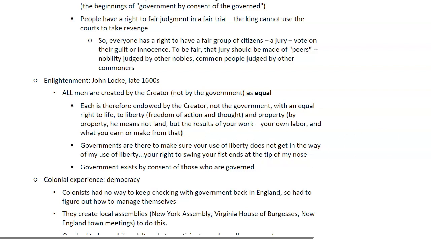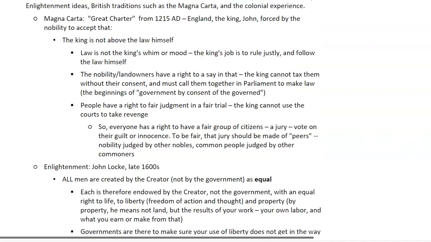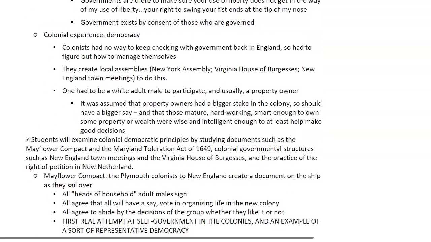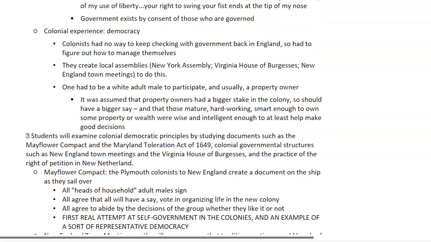They also say, the Regents say, you should know not just Magna Carta and Enlightenment, but the colonial experience. Colonists had no way to keep checking with government back in England, so they had to figure out how to manage themselves. They create local assemblies: the New York Assembly, the Virginia House of Burgesses, New England town meetings.